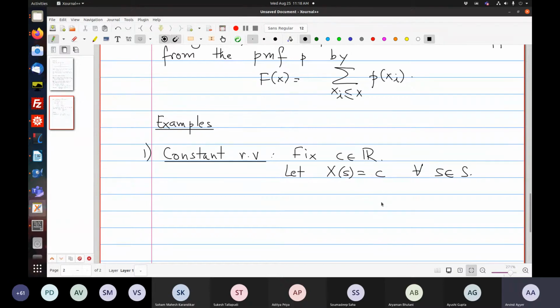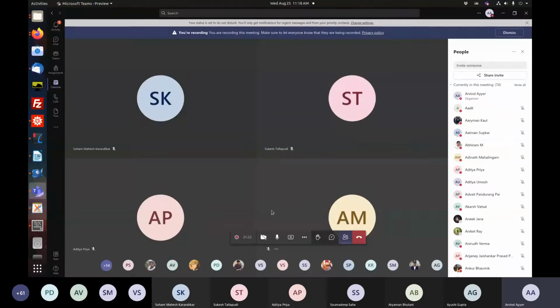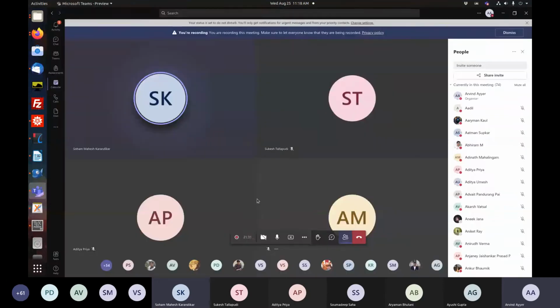Okay? So for this, I want you to tell me what the PMF is. Then the PMF, P of x, is equal to what? It will be C if x is in S, otherwise it will be... No, that's not right.